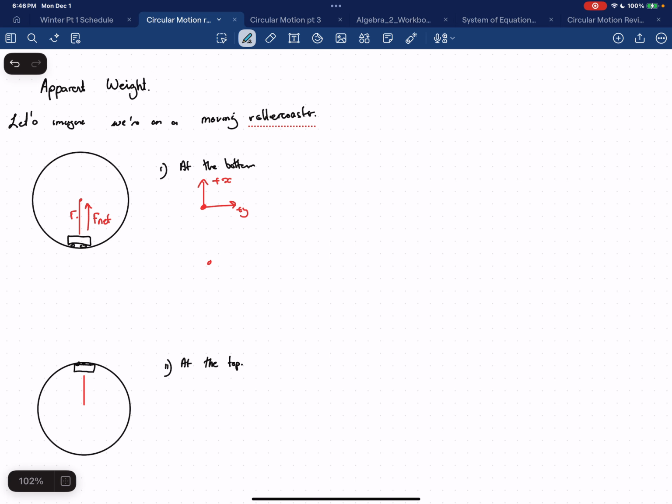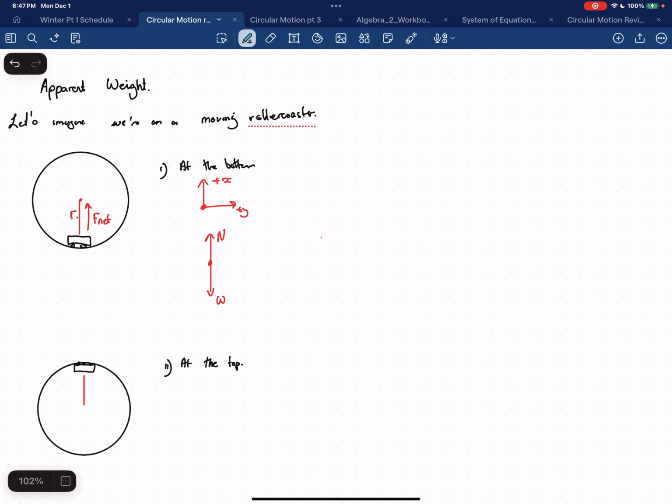Now, what forces are acting on my roller coaster at the bottom? Well, it's on a surface, so it has a normal force in the direction of positive x and a weight in the direction of negative x.